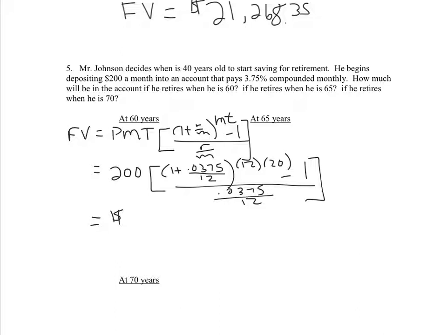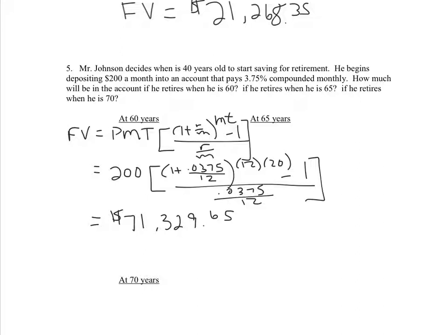Take that answer, subtract 1, divide it by 0.0375 over 12, and you have to be sure that after you hit divided by, you open up a parentheses before you type in 0.0375 over 12. And then that answer is going to be multiplied times 200. You should have $71,329.65.